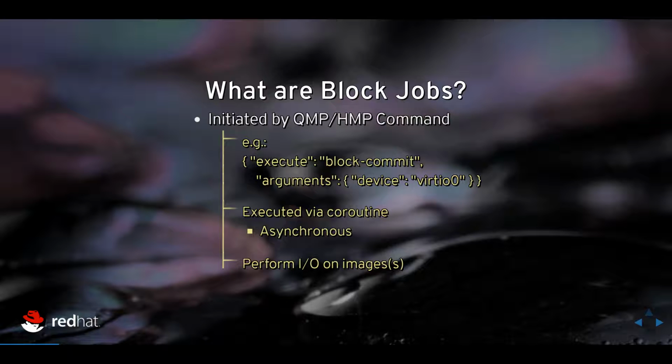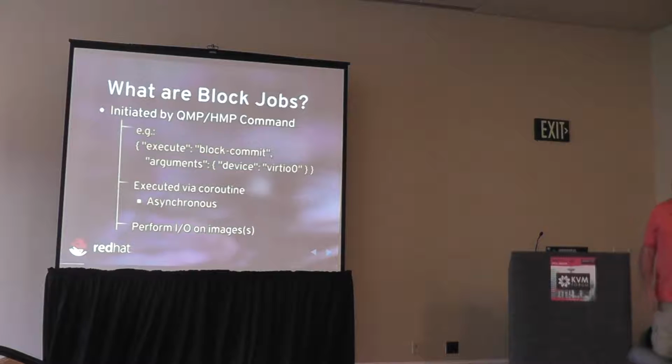And obviously, the whole point of the block jobs is to do I/O on the drive images. That might be modifying a drive image, might be reading from it, or creating new drive images, or shortening the whole drive image chain. So that's just kind of an overview of what block jobs are.